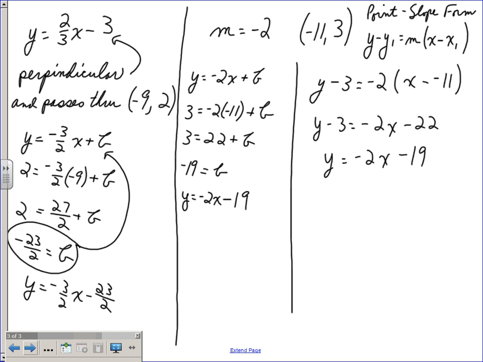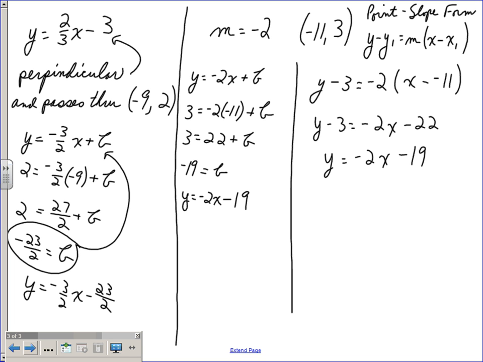Obviously, we're going to use the same equation. It's a little easier to use, I think. It's another tool for you to use. Okay? On a test or a quiz, I'm not going to ask you to use any specific method. It's just another tool for you guys to use to come up with the equation.